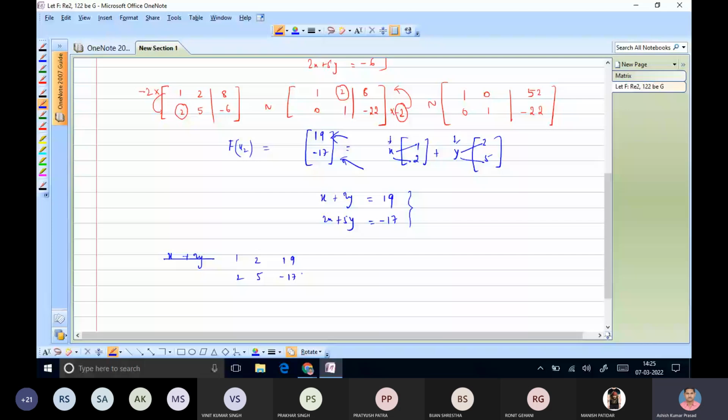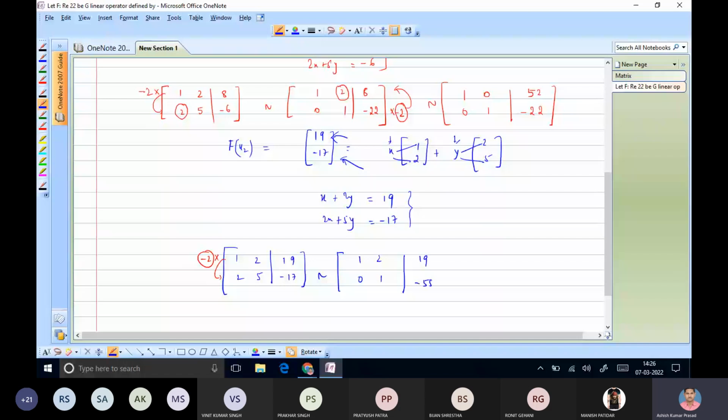And in order to make the right hand side clear, I can put a line. So now see here, I will multiply minus 2 to the first row and add it to the second row. So I will get 1, 2, 19, and here minus 2 plus 2 is 0, minus 4 plus 5 is 1, and 19 times 2 is 38, minus 38 minus 17 is minus 55.